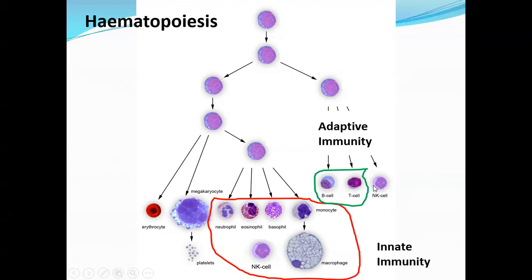And as I said, the natural killer cells are like hybrids between the innate and the adaptive. They have characteristics similar to the lymphocytes, but their recognition system is more non-specific, and so we classify them as innate cells.